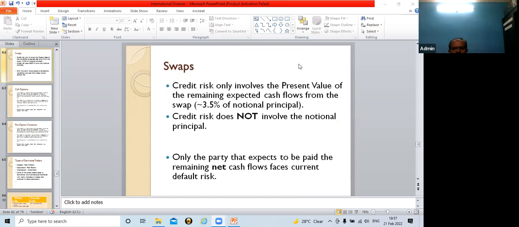Whatever rate is there today, we used to fix for the future transaction.